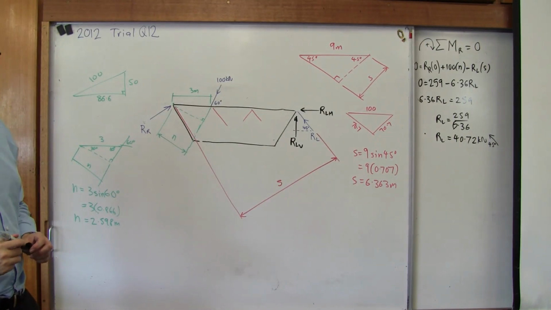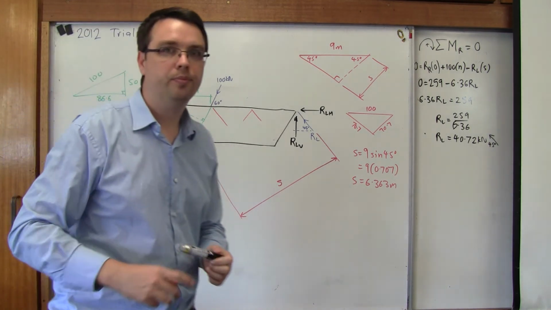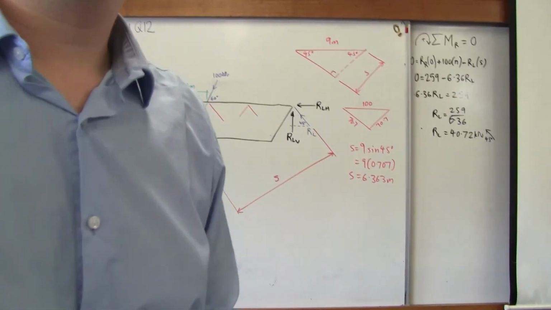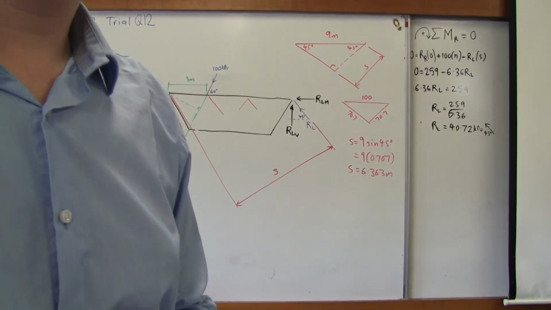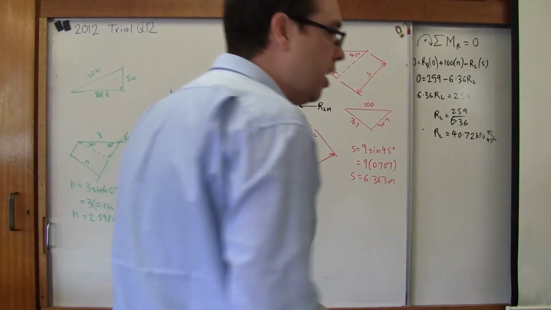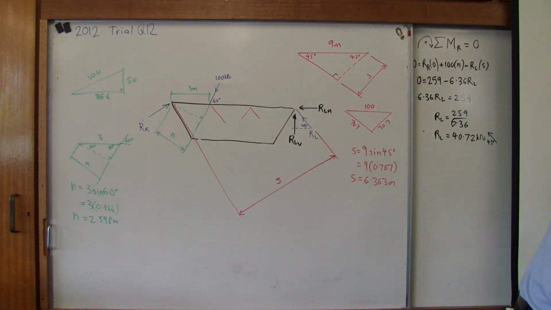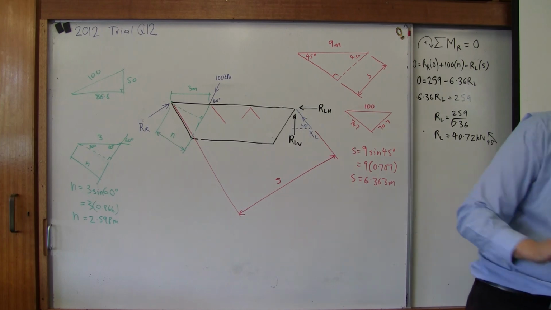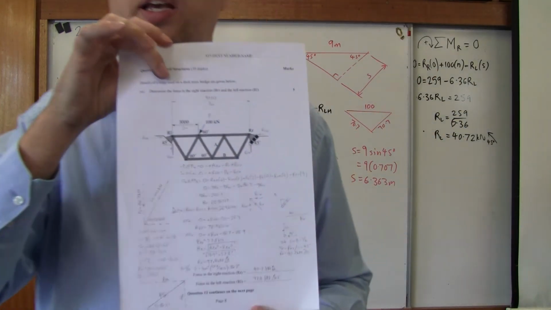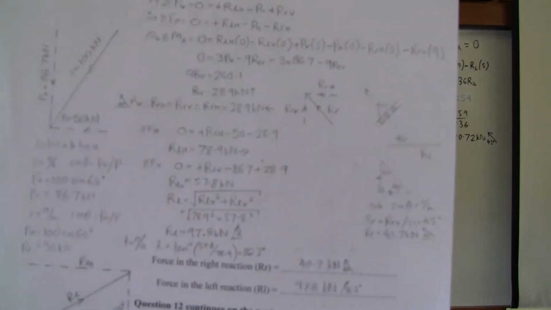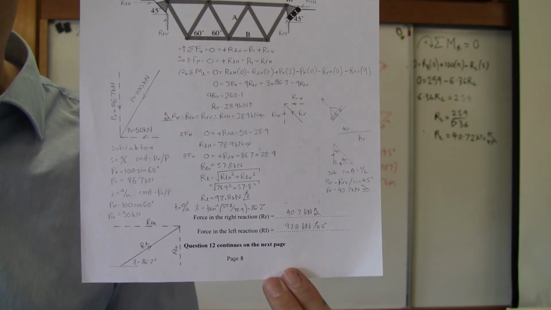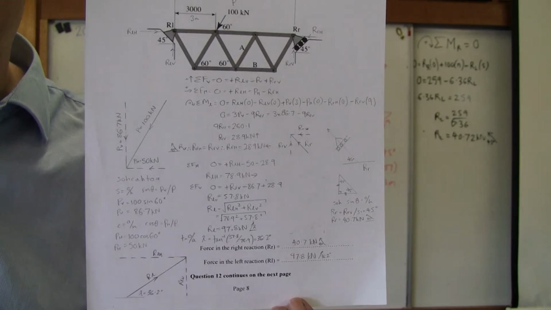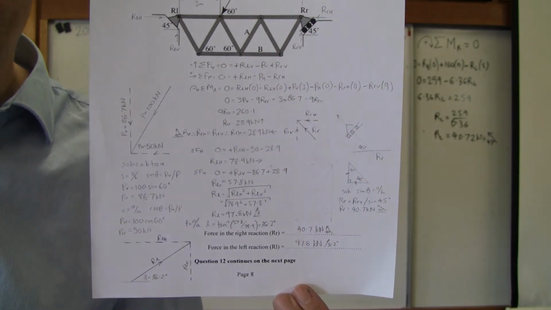But it becomes very complicated. I have got that worked out here. I'll post this as a photo, but the point is it's a lot of working if you want to solve it using that method, and I wouldn't recommend it.